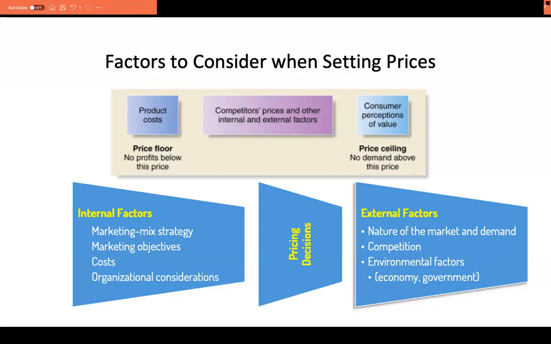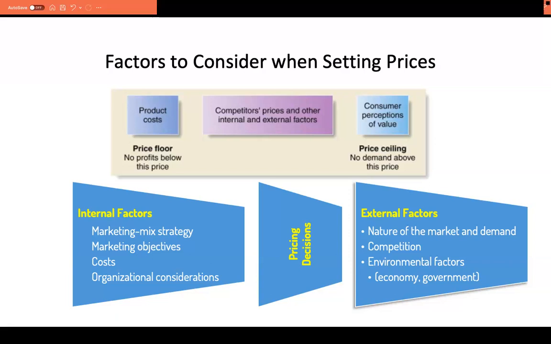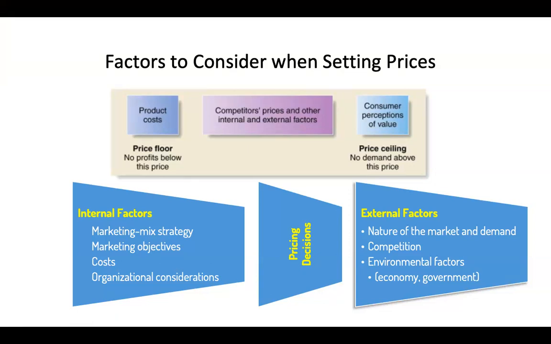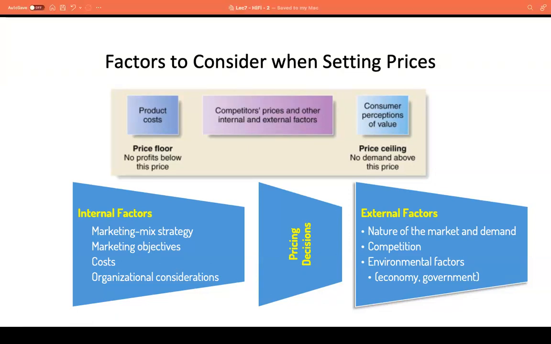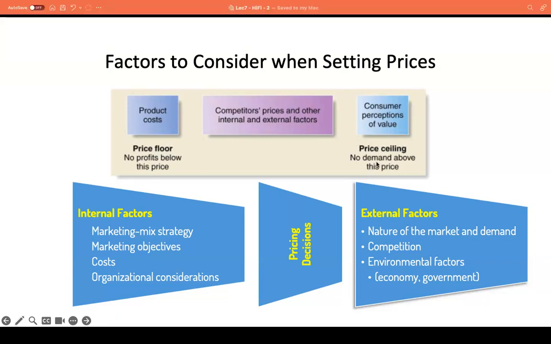Okay, and there are so many things that we have to consider. This could include the production costs, or maybe the market demand, the competitor pricing, and also the kind of pricing strategy that you employ, as well as the perceived value by your customers.